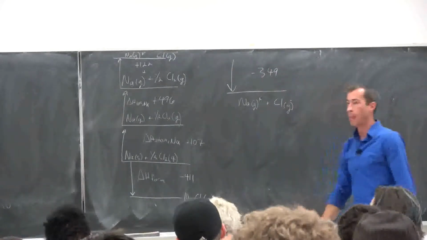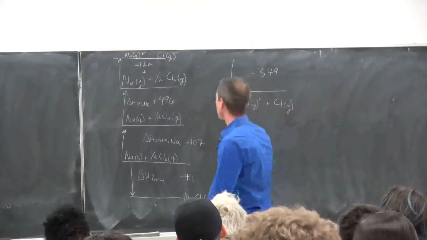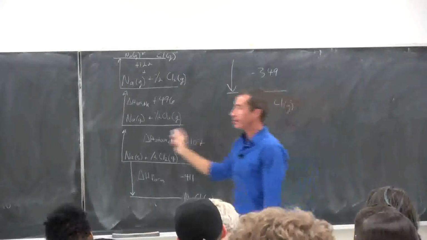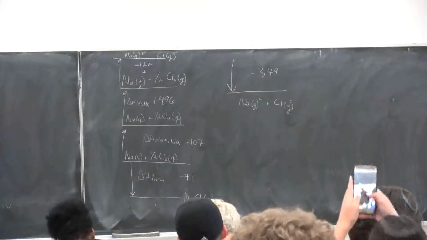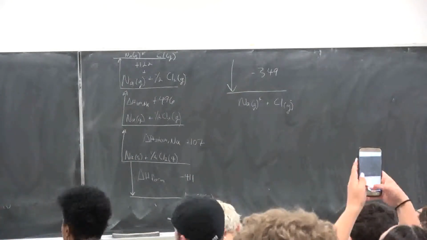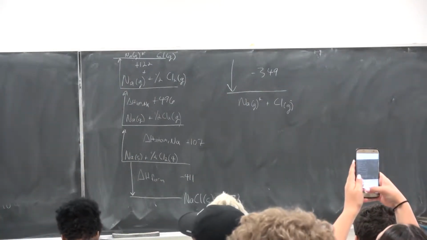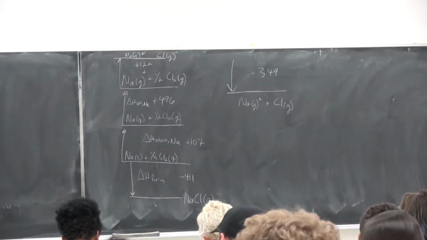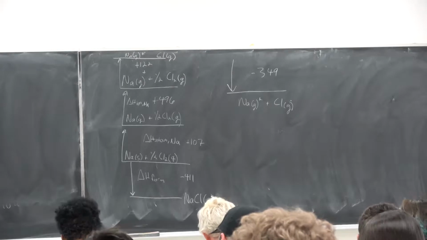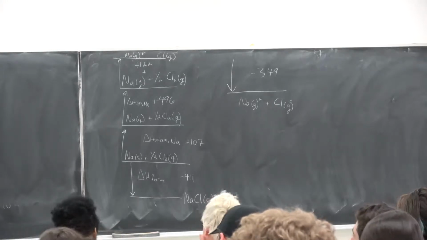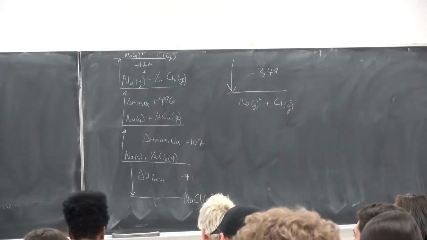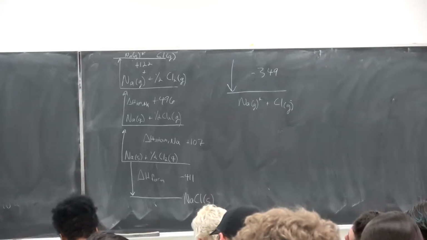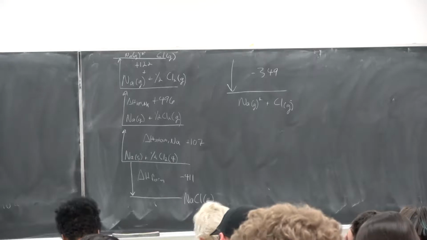Yes? We have to take the 1/2 factor because we're only dealing with half of the... We've been writing it by, that's a good question. The short answer is no, because the way that this is defined, it would be consistent. If this was written as 1/2 Cl2 to 1 Cl, that number would have been twice as big.